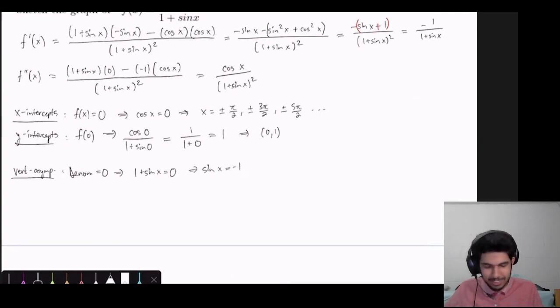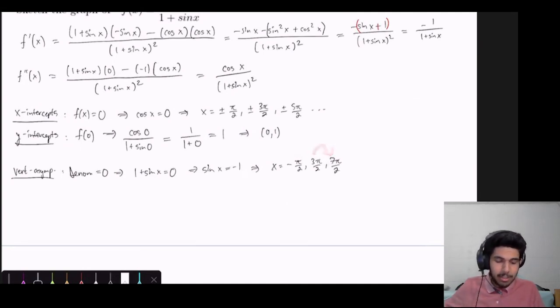Now, when does that occur? Boy, that's a tricky question. That occurs when x equals, well, like negative pi over 2, 3 pi over 2, 7 pi over 2. So again, we see 2 pi to get to there, 2 pi to get to there. That periodicity comes into play.